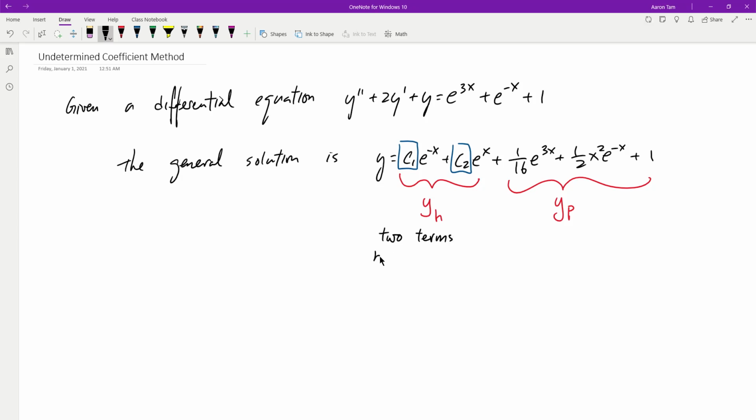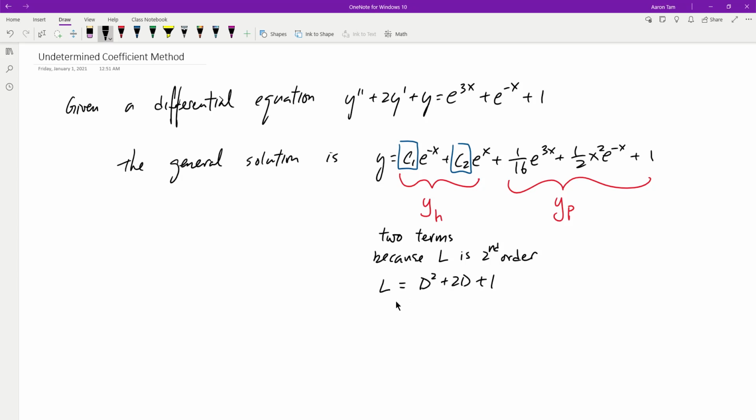And why is that? It is because L is second order. In this case, our L is the differential operator D squared plus 2D plus 1, which we mentioned before already. Notice that our linear operator dictates what our homogeneous solution is, and it also dictates how many terms we must have.